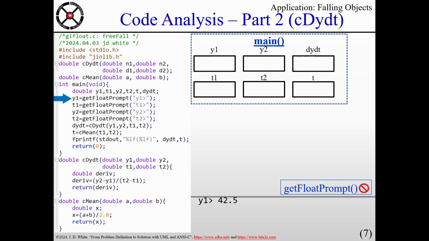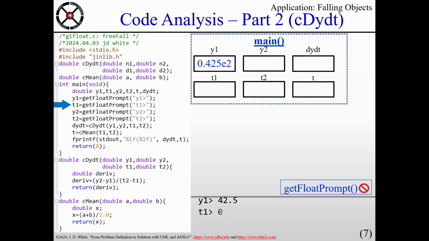I then call get float prompt, and basically what get float prompt does is it calls this function. You inputted 42.5, it got saved into memory as 425 and 2. 425 is the number, and the 2 is how many places you need to move the decimal place.